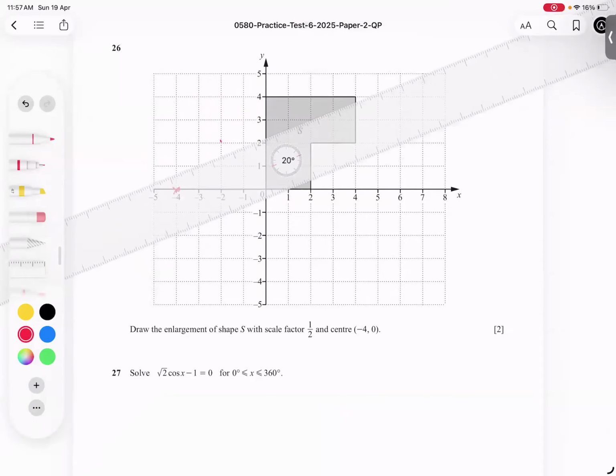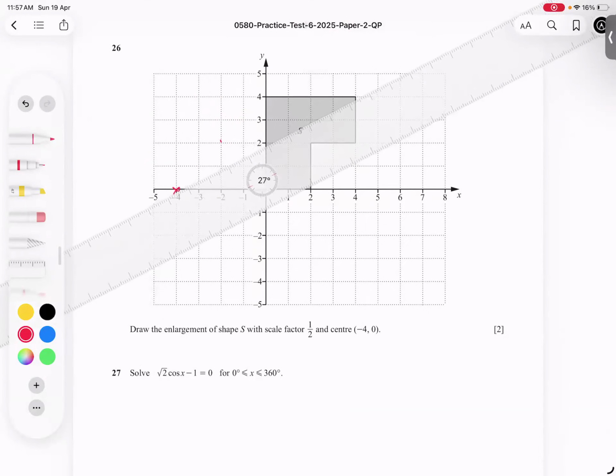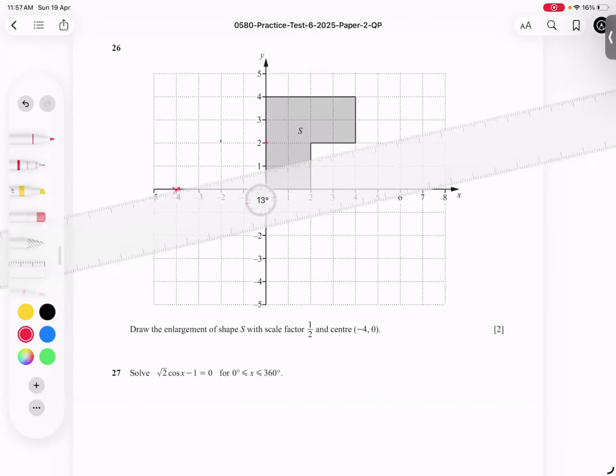Now the same way I will apply this to the next point. 1 box, 2, 3, 4, 5, 6, 7, 8. 8 into half, we get 4. Count 4: 1, 2, 3, and 4. So this is the point. Now, what about this? 1, 2, 3, 4, 5, 6, 7, 8. Half of 8 is 4.